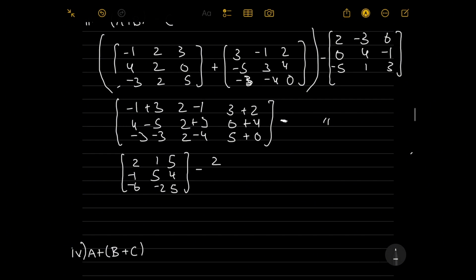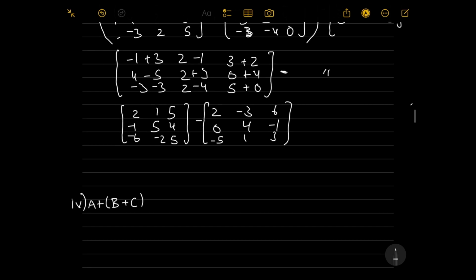Subtracted is 2, minus 3, 6, 0, 4, minus 1, 5, 1, 3, and simply subtract it, and we get the answer as this matrix, which is 0, because 2 minus 2 is 0, 4 minus 1 minus 1, 1, 5 minus 1 minus 3, and 2. So this is our answer for part 3.